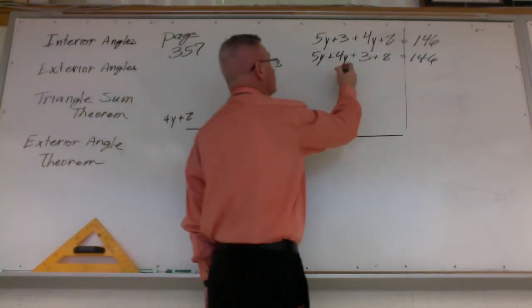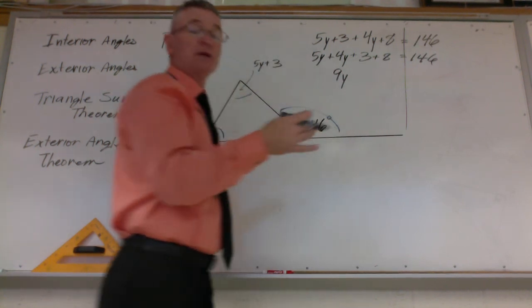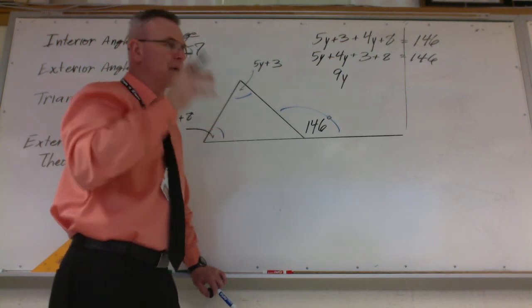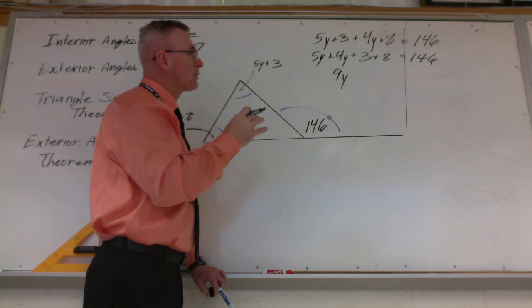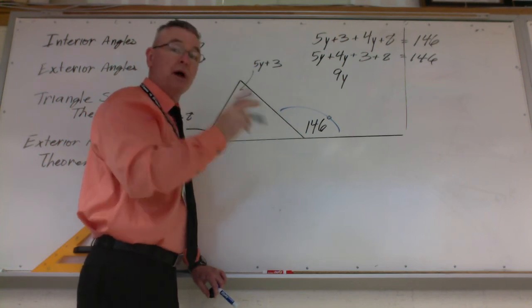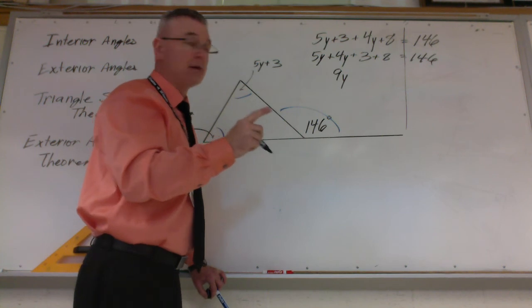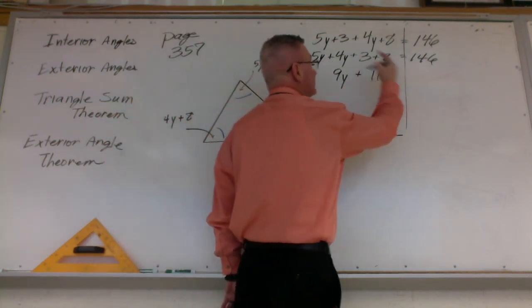So 4y plus 5y is 9y. So now I'm combining like terms and rewriting it because I'm simplifying things. And once you simplify it, you want to get the other stuff out of your head. I'm not going to use a 5 or a 4 or a 3 or an 8 to solve this problem. I am, however, going to use a 9 and an 11 because this is 9y and this is 11.